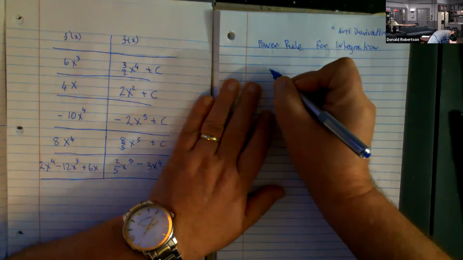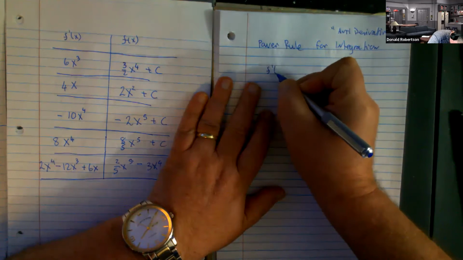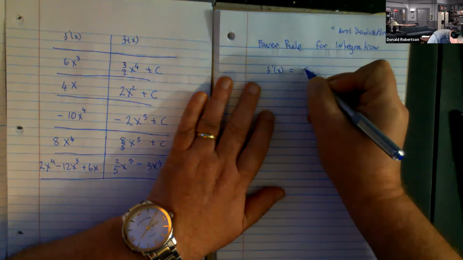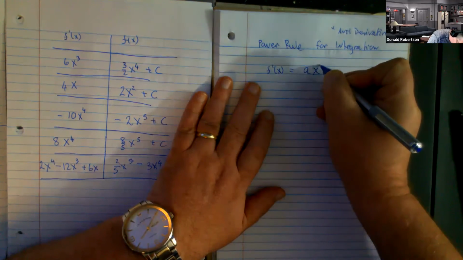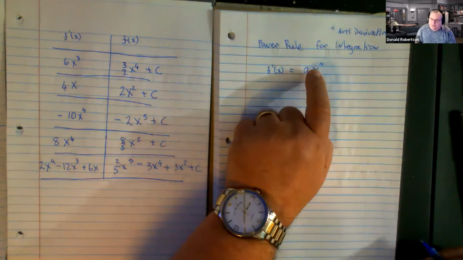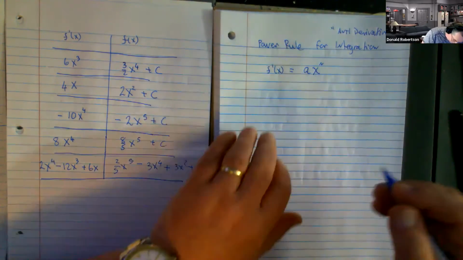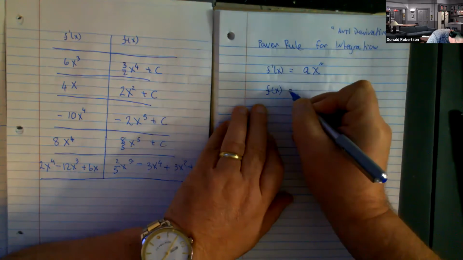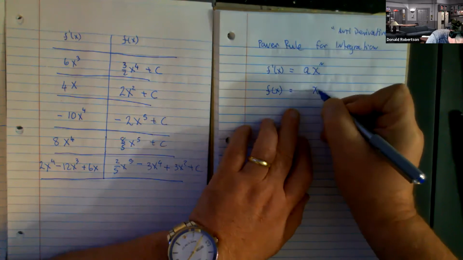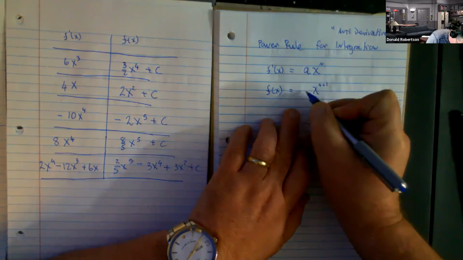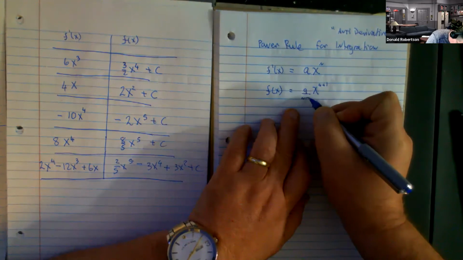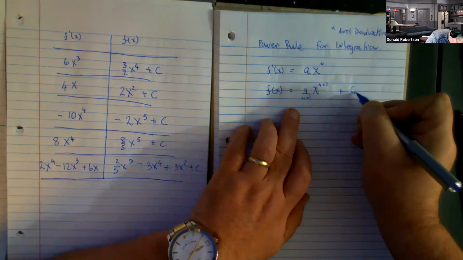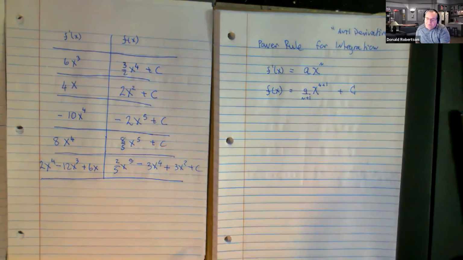The power rule says, if you know that the derivative is ax to the n, right? 5x cubed, 7x to the 10, anything that looks like that, then the original function will be add 1 to the power and divide by the new power. And then always remember to put that arbitrary plus C at the end.